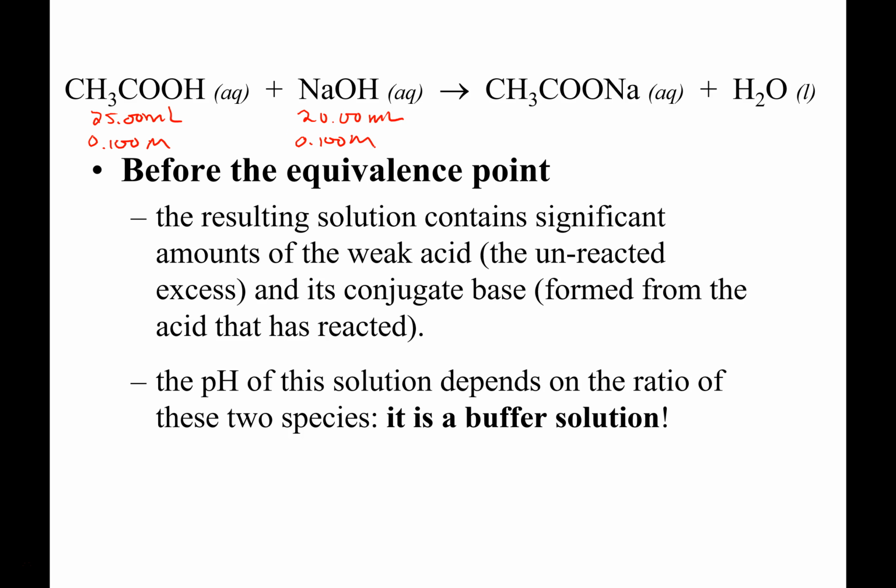For every little drop, the strong base is going to react with your acetic acid. So this is going to be all gone, all used up. And can you see where you're going to have some of this remaining, some left? Some of your weak acid is left. And then you will have formed this over here.